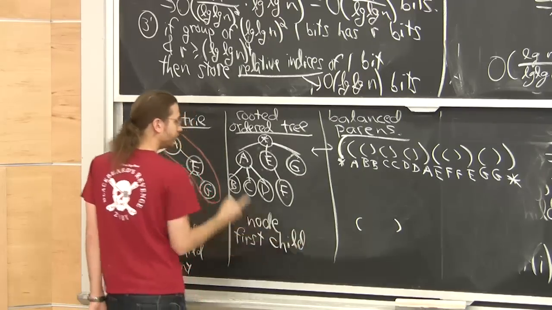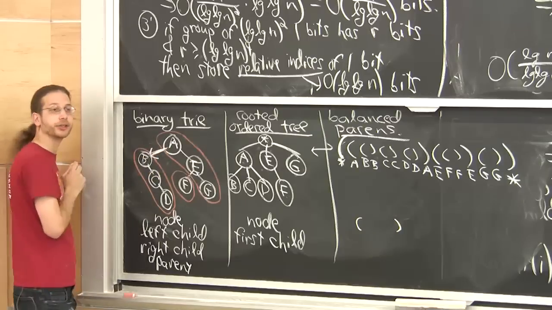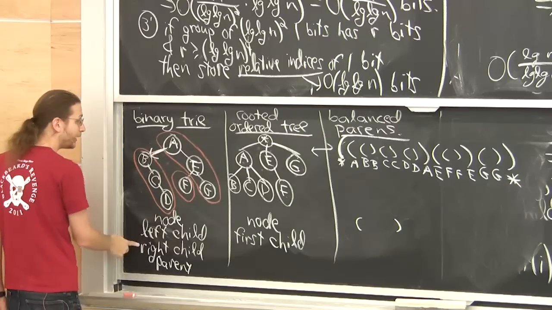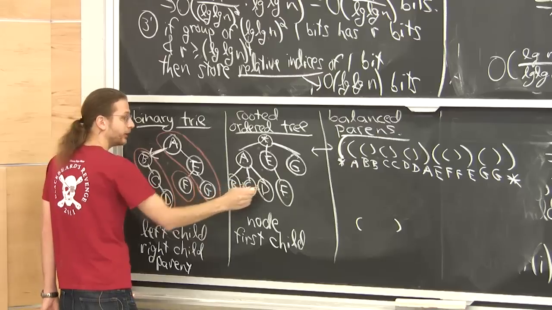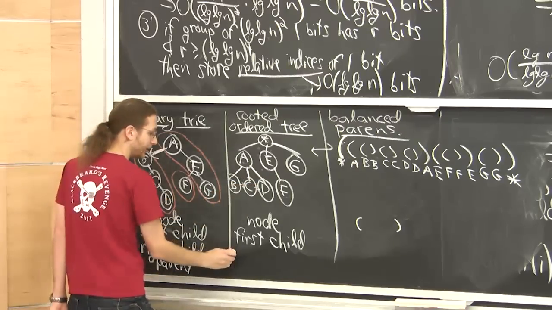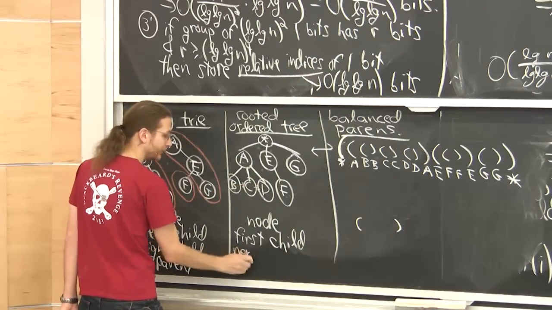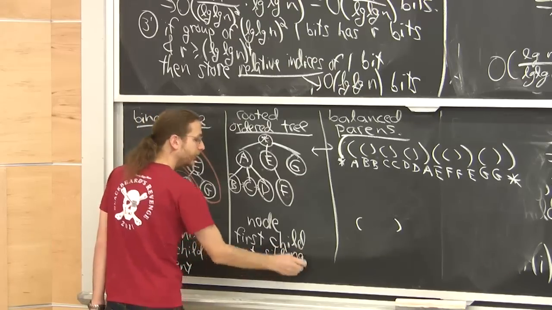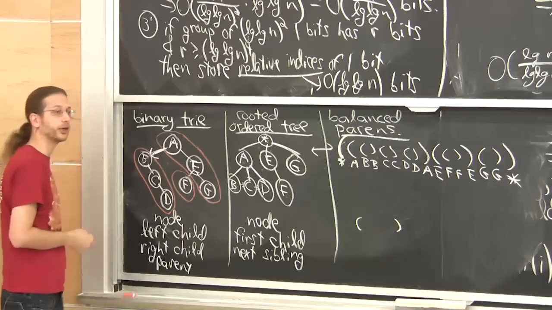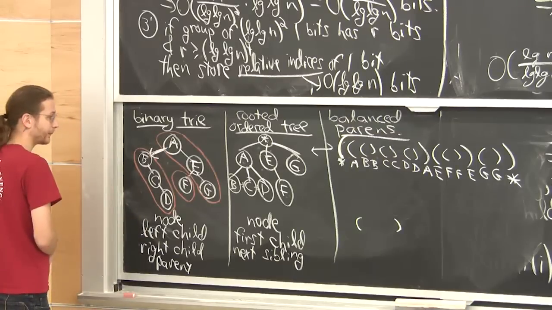First child of a node, if there is one, is going to be the left child over here. Right child is like following the spine. That's like going this way. So right child is what I would call next sibling, the next sibling to the right. If there is one, that's going to correspond to the right child because we're just following a right spine.